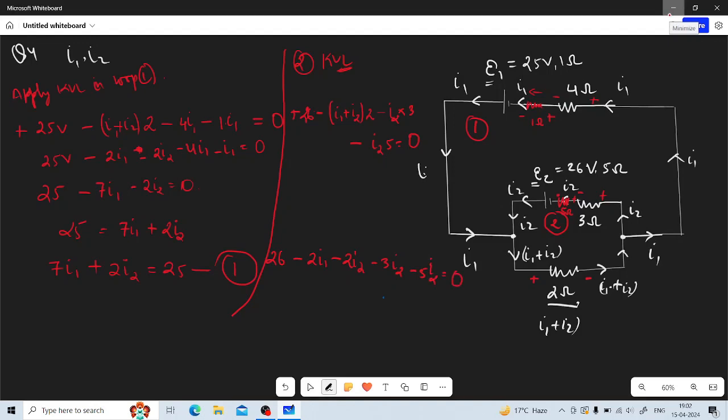Now this becomes 26 minus 2I1, oh no, we have only 2I1, minus 2I2 minus 3I2 minus 5I2, overall it will be minus 10I2, and that will be 0.